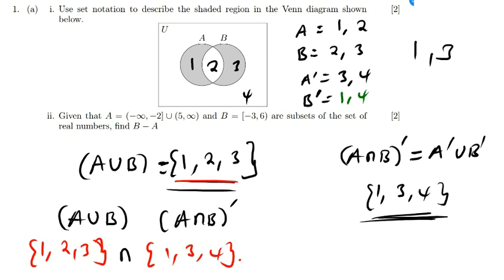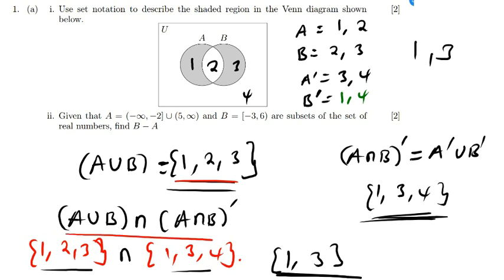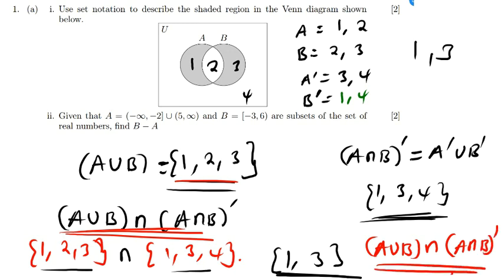If I put intersection here, the numbers found are 1 and 3. Therefore, I'm supposed to put intersection here. So the correct answer is A union B intersection A intersection B complement. This is my correct shading.